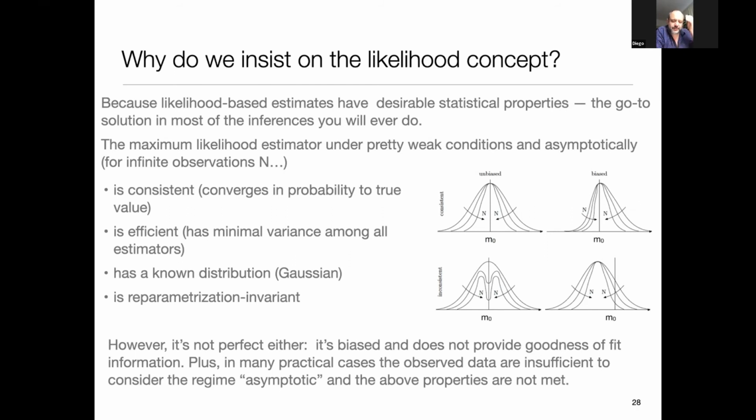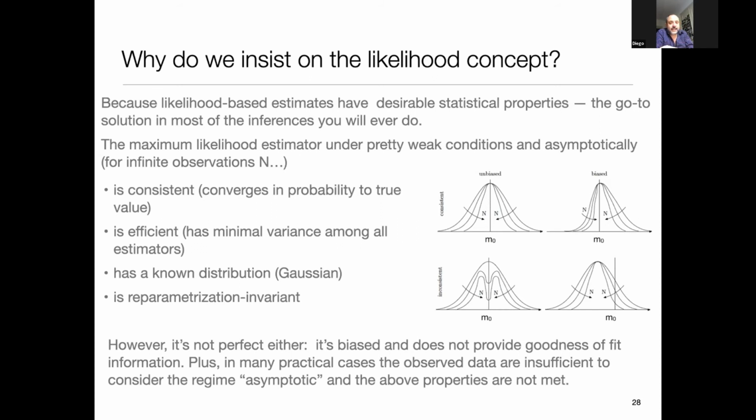And so some of the mistakes that you usually find in physics papers dealing with the maximum likelihood estimator is when people assume that those properties hold, but in fact, the likelihood of their problem is not yet in the asymptotic regime. So it's very important to check, when you're doing a maximum likelihood estimate, that you are in a regime where these properties can be valid approximately. And if you're not, you have to work out with simulation the actual properties of your maximum likelihood estimator.